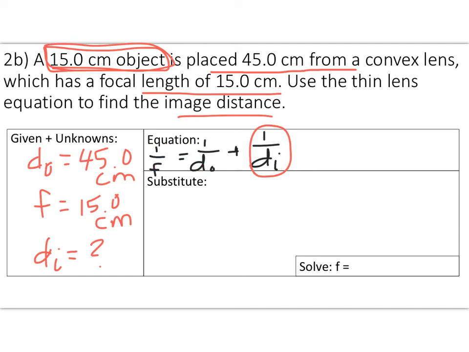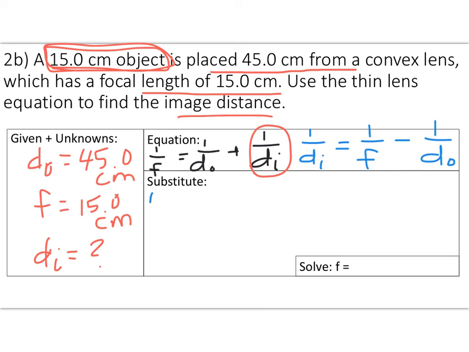So I get this. Let me rewrite the equation for you here in blue. 1 over di is equal to 1 over f minus 1 over dO. So that's the equation that we're going to be working with. Since we're looking for di, we're going to subtract the other two. Now we can substitute.